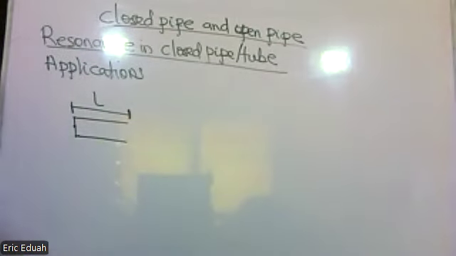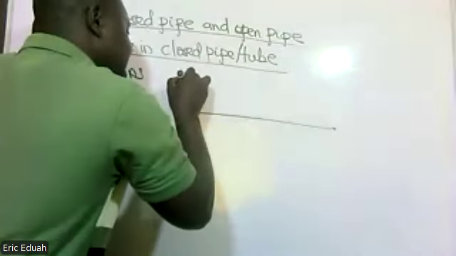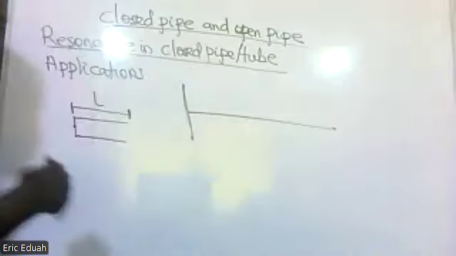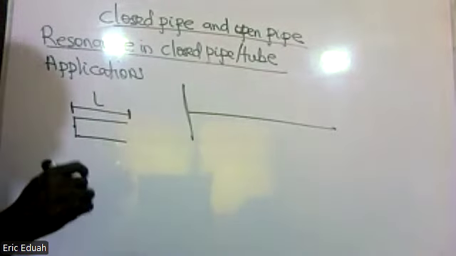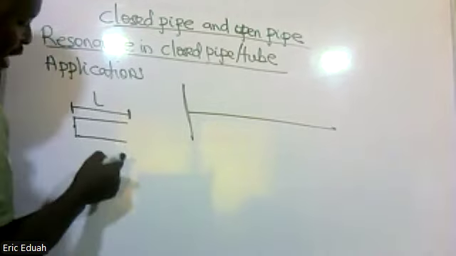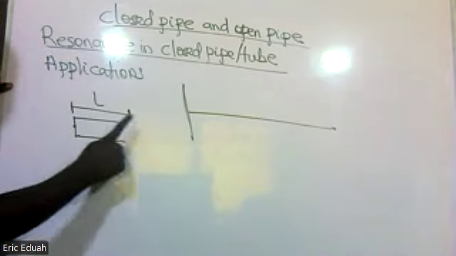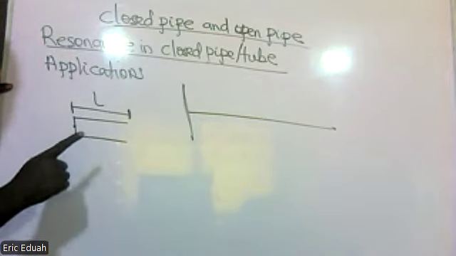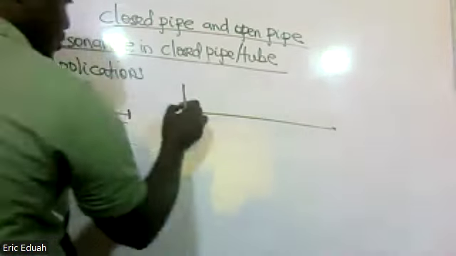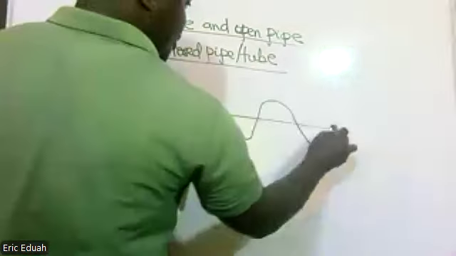So for all stationary waves, it is just two progressive waves in opposite directions that interfere. So if we have a closed end and an open end, what kind of stationary wave will be formed? We always pick our drawing from a progressive wave.